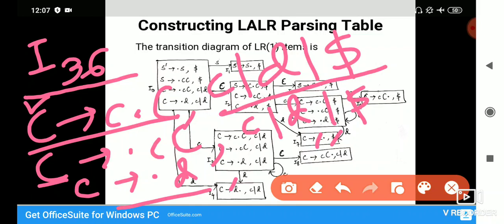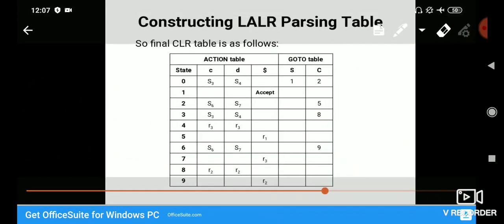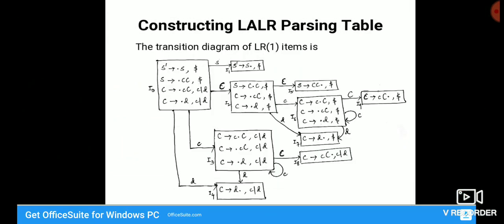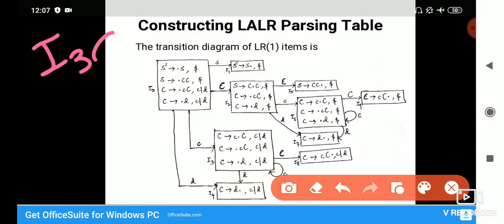So this way we combine them. I3 and I6 we found as two sets of items which can be merged into one, written as I36, whereby we keep the first component and the second component is written as the union.